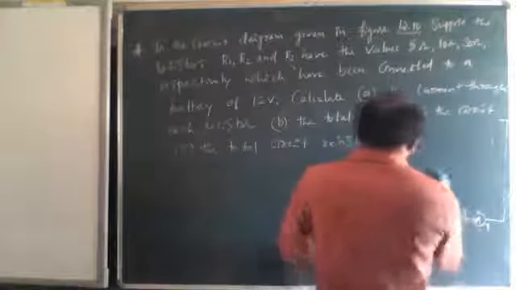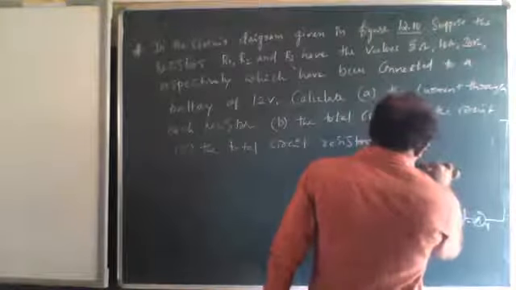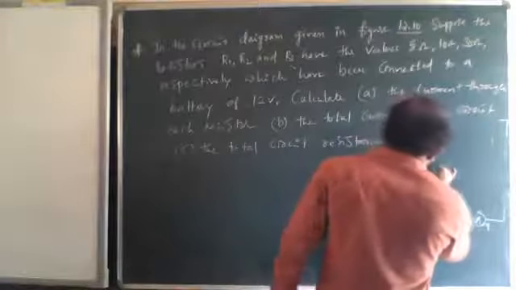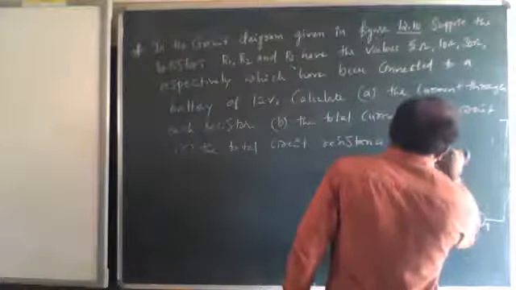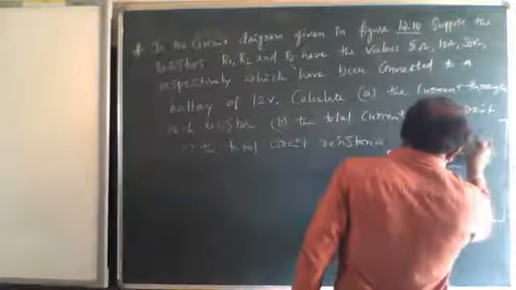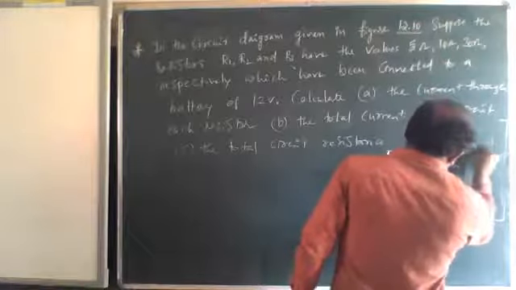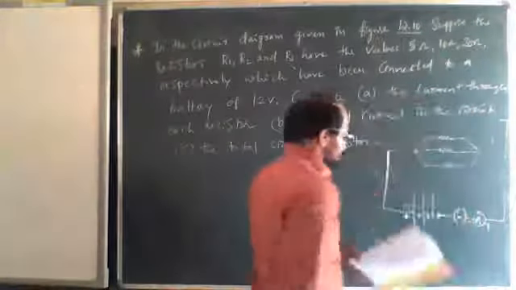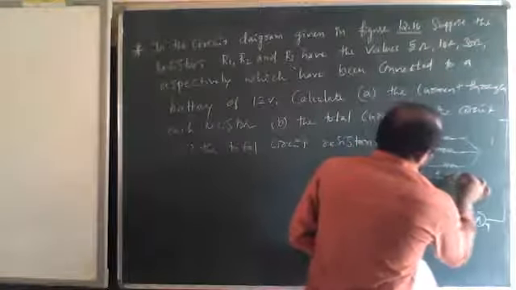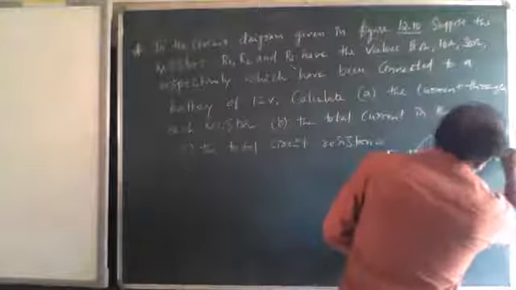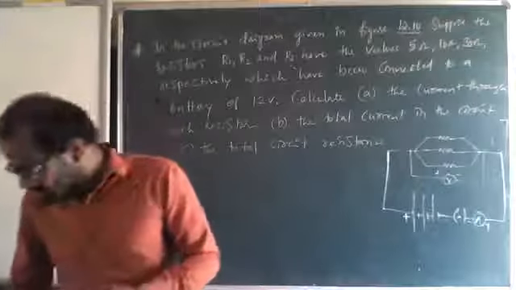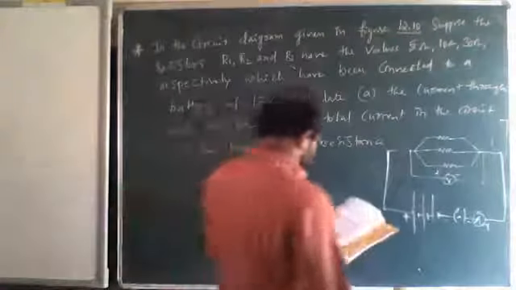So three parallel resistors, LM, PQ, ST, connected to a voltmeter.